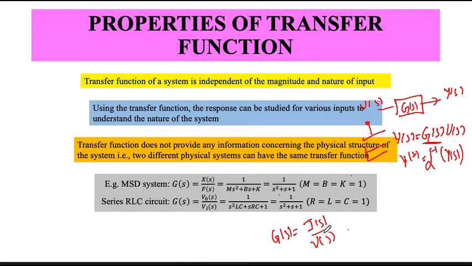Say if I write V(s) as the output and I(s) as my input, then G(s) would be impedance. So here it is capturing the unit of inverse of impedance, and here it is capturing impedance. So the transfer function captures the appropriate unit to transfer the input signal to the output signal. If it is force and velocity, it will have an appropriate unit over here, and so on.